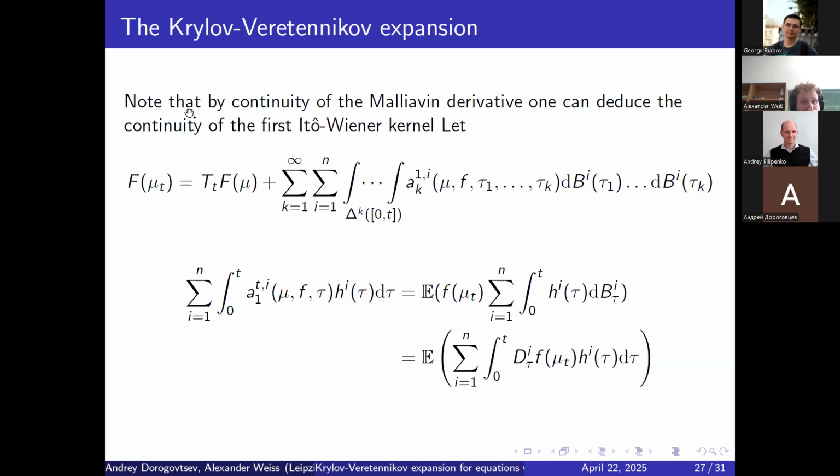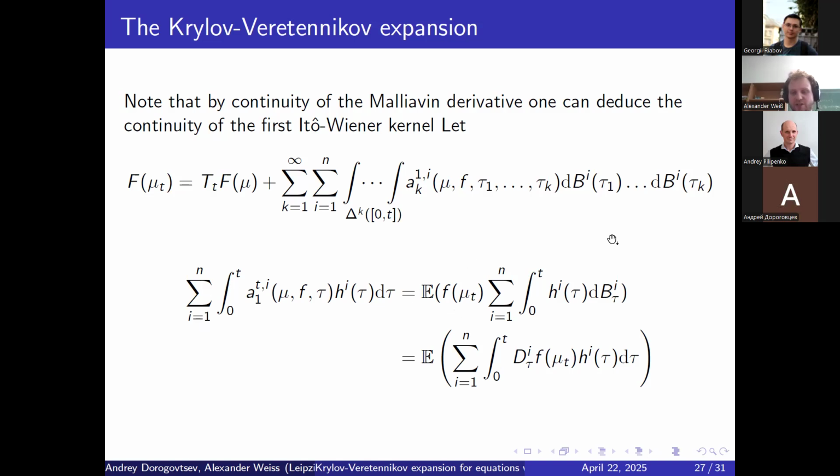Here I quickly show why the Malliavin derivative leads us to continuity of the E2 Wiener kernels. So if we look at the E2 Wiener expansion, how much time do I have? Oh, I should already finish. Well then, if we look at the kernels of the E2 Wiener expansion, for example the first kernel, we can integrate it with respect to functions of h.